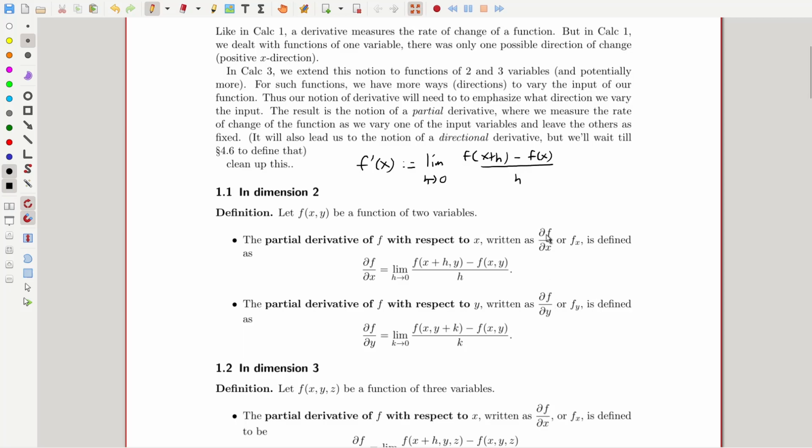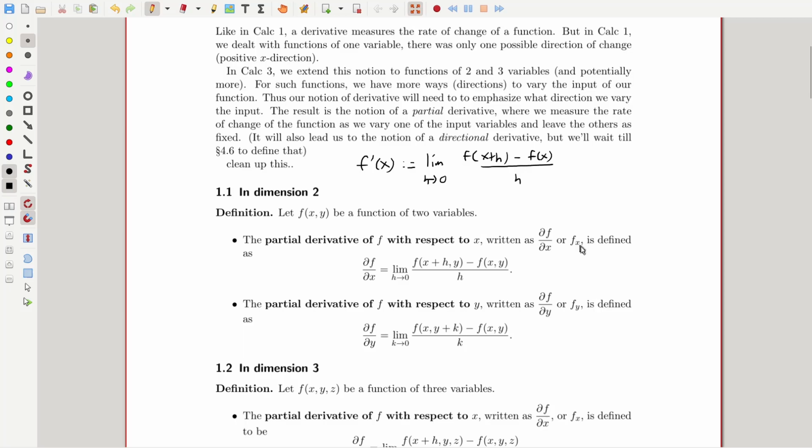But the curly d, this partial symbol, represents the fact that we're talking about a function that has more than one variable. So it means we're only varying the x, but we're leaving the other letters as constant. I'm also introducing the fact that there are other notations that can be used for partial derivatives, such as this subscript notation.